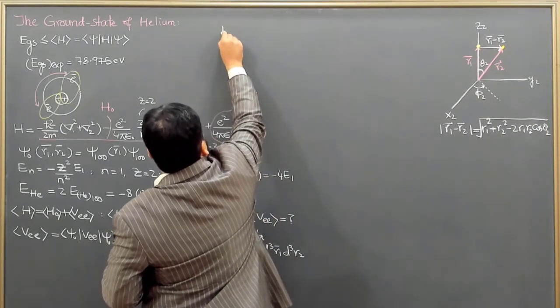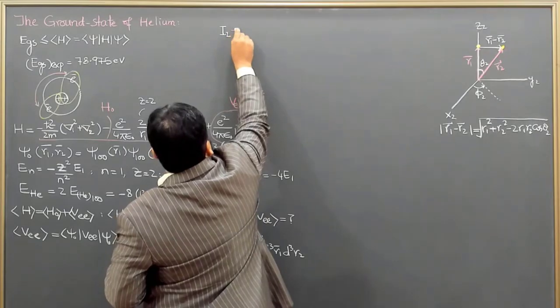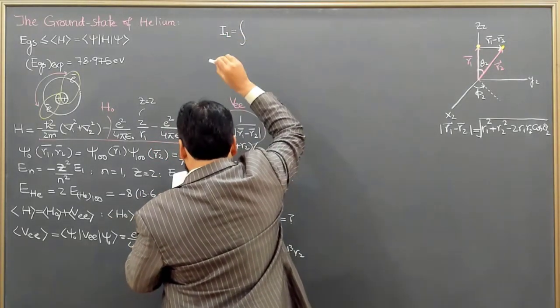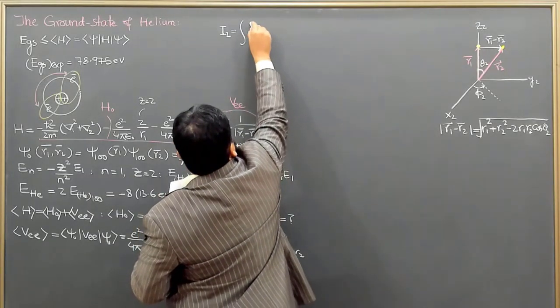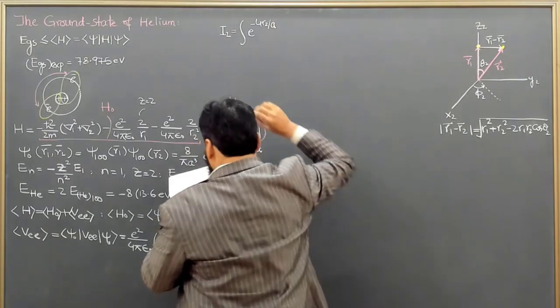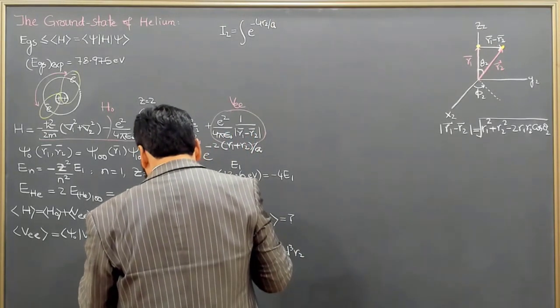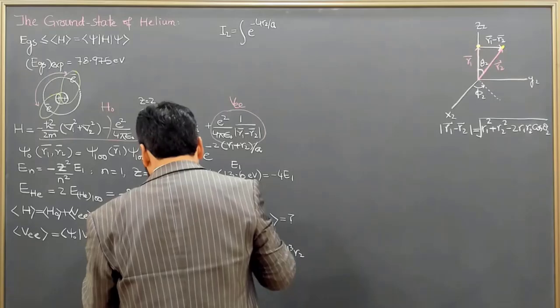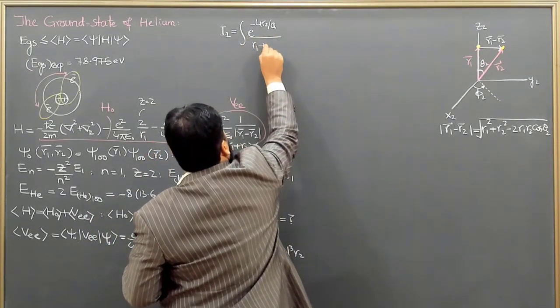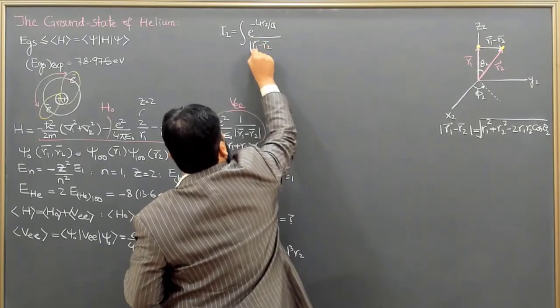This I2 integral is equal to the integral of e to the power minus 4 r2 over a, because I am not writing r1 and only focusing on r2, and then divided by the absolute value of r1 minus r2.